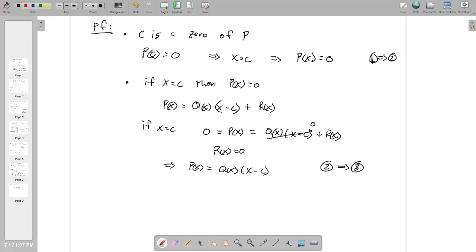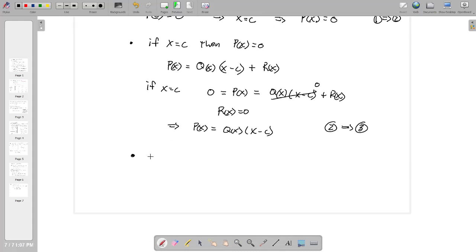So far we have the first statement implies the second statement implies the third statement. Now we need to show that the third statement implies the fourth statement. We start with the assumption that x minus c is a factor of p of x, which means that p of x is equal to q of x times x minus c. Now what we're trying to get to is that c is an x-intercept of p of x.